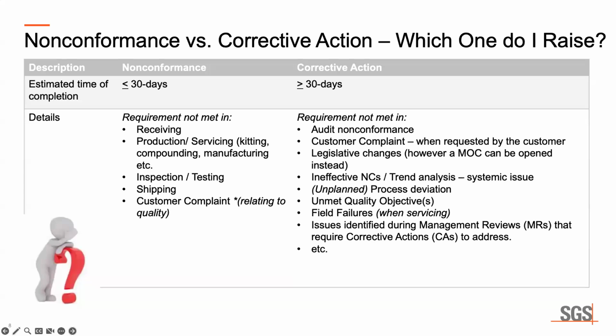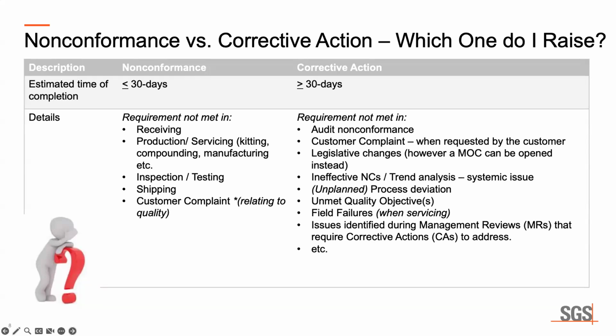Sometimes you might have a customer that brings in a customer complaint. If they don't say anything, you would address it as a non-conformance. But if they tell you, we don't want you addressing it as a non-conformance, I want you addressing it as a corrective action, because I want to make sure that this doesn't happen again. Because when I receive product from you, it's so critical.